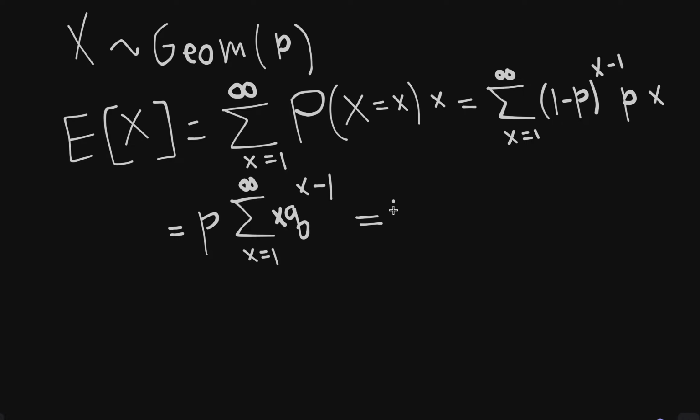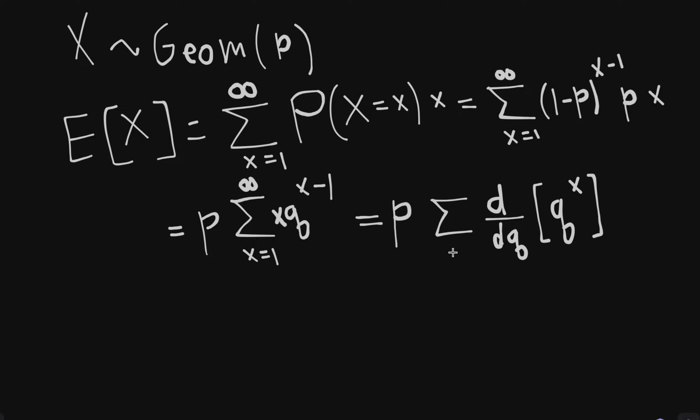So what you want to do is write the summation of the derivative with respect to q, not x, of q to the xth power. Summation over the support, x equals 1 to infinity.